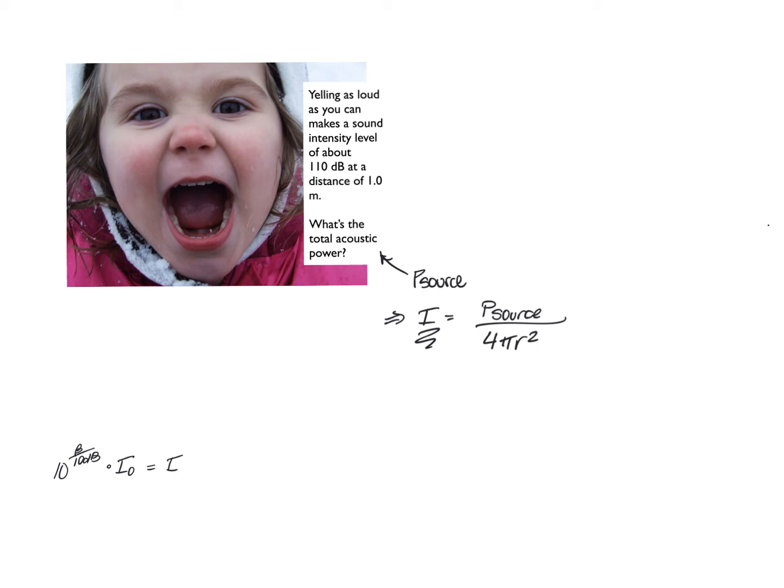It turns out that we do have an equation to turn decibels into watts per meter squared, and it's this one right here.